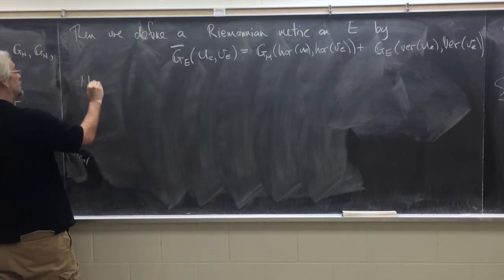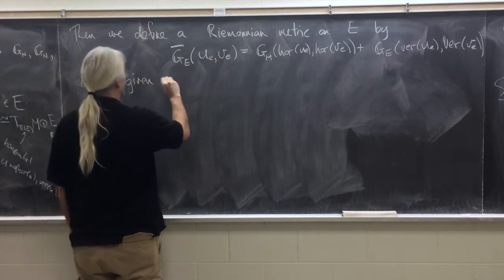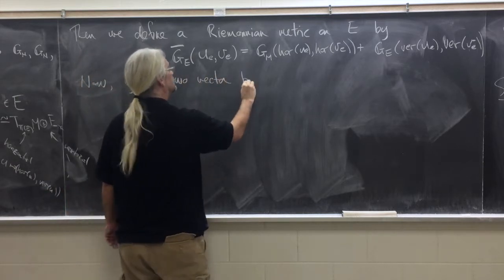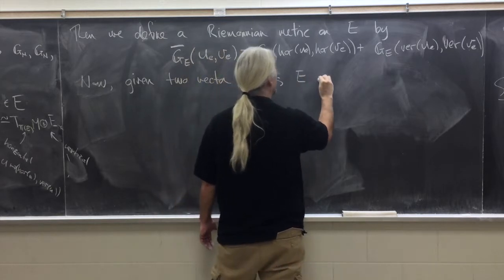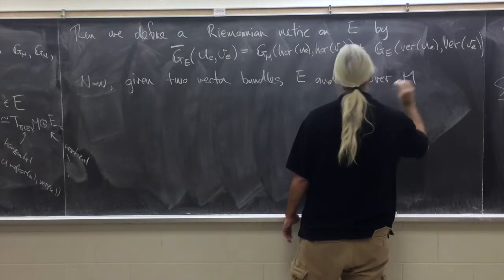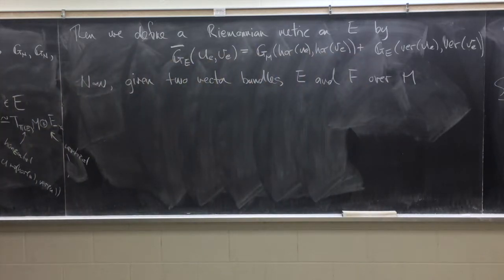Okay, now, given two vector bundles, E and F, let's say, over M. Now what we're going to do is take this construction and bootstrap it to give us a connection on here using those decompositions.